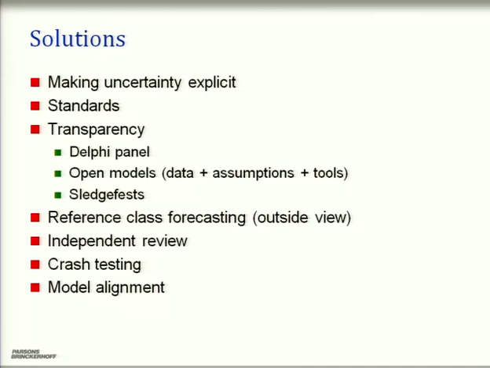Another thing you can do is transparency. Again, if I got all of you together and got you to go through a Delphi process with me to help me nail down some of these assumptions, and we arrived at consensus, it's going to be a lot better than if I sit down and do it.